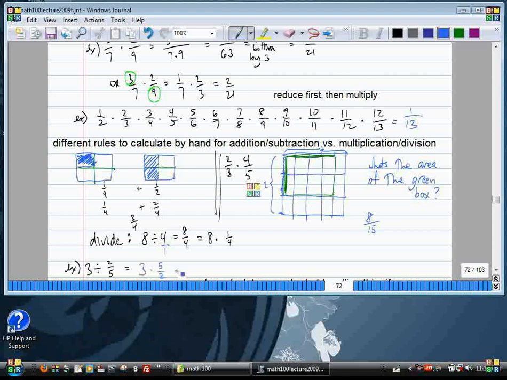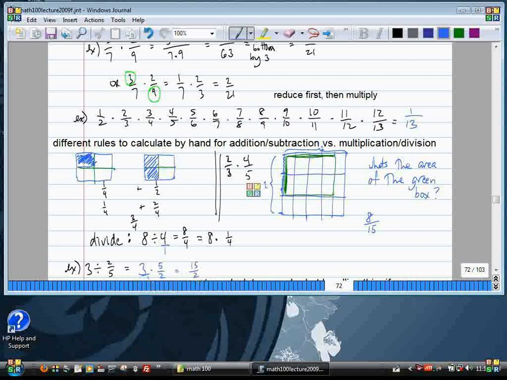And then what is this equal to? Right. If you like, you could think of that as 3 over 1, and now we know from previous, we just multiply across. So that's just 15 over 2.